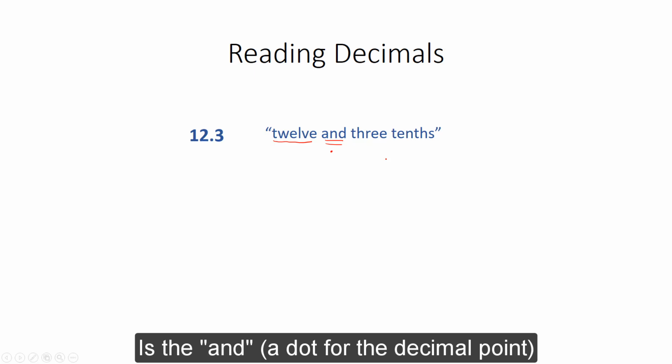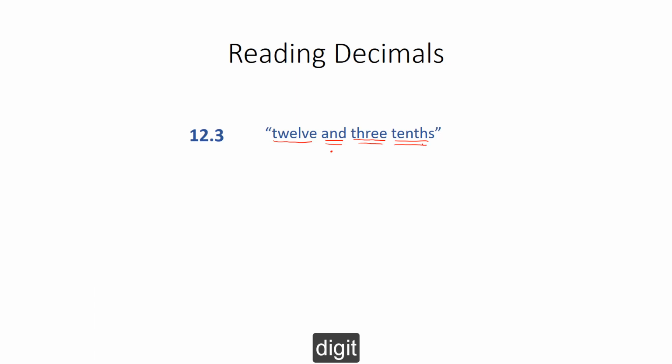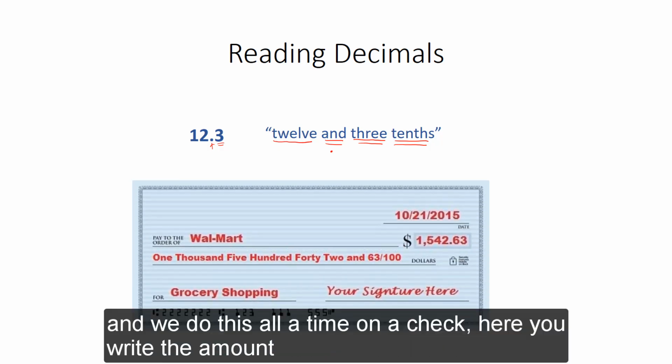I'll put a little dot there for the decimal point, and then you read the number that follows the decimal point, followed by the place value of the last digit. So in this case, 12 is the whole, and this is in the tenths position, so it would be 3/10. 12 and 3/10.